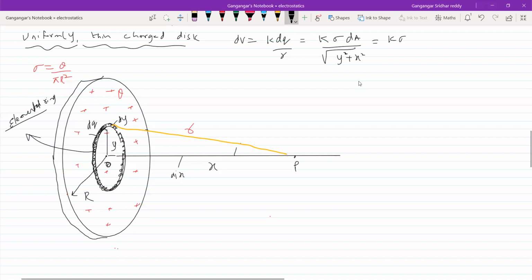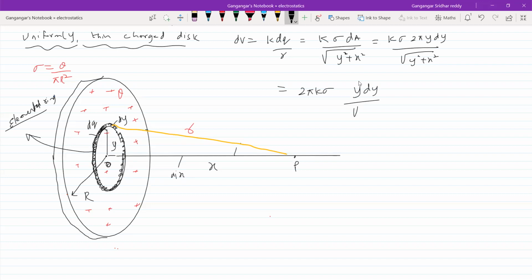The area of the circular strip. So dA should be equal to 2 pi y dy. So this will be dV equals 2 pi k sigma y dy by root of y square plus x square.